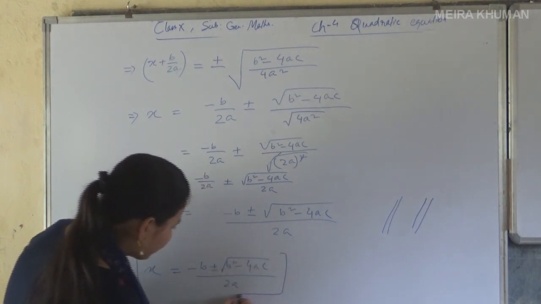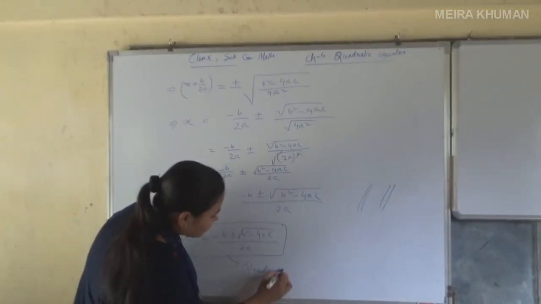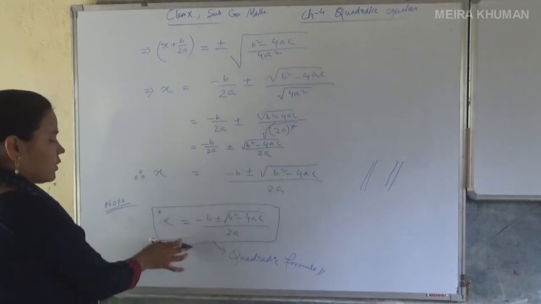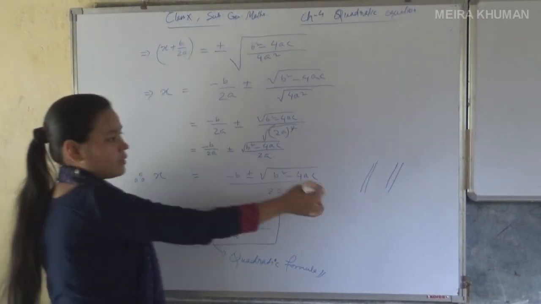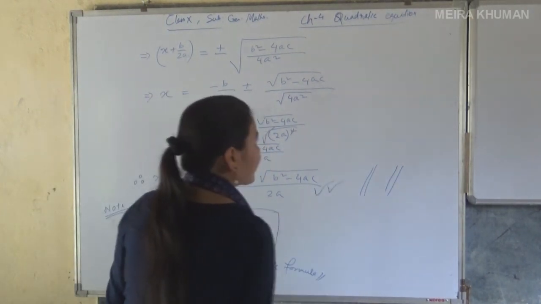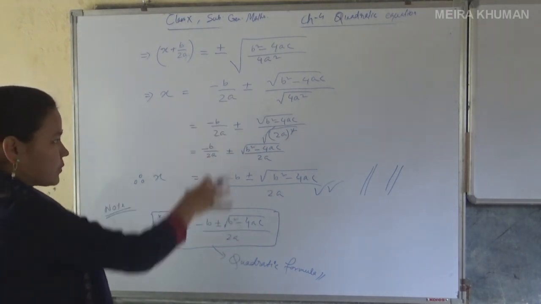This formula is called the quadratic formula, and this method is called the completing square method. So in exercise 4.3, you should use the completing square method.